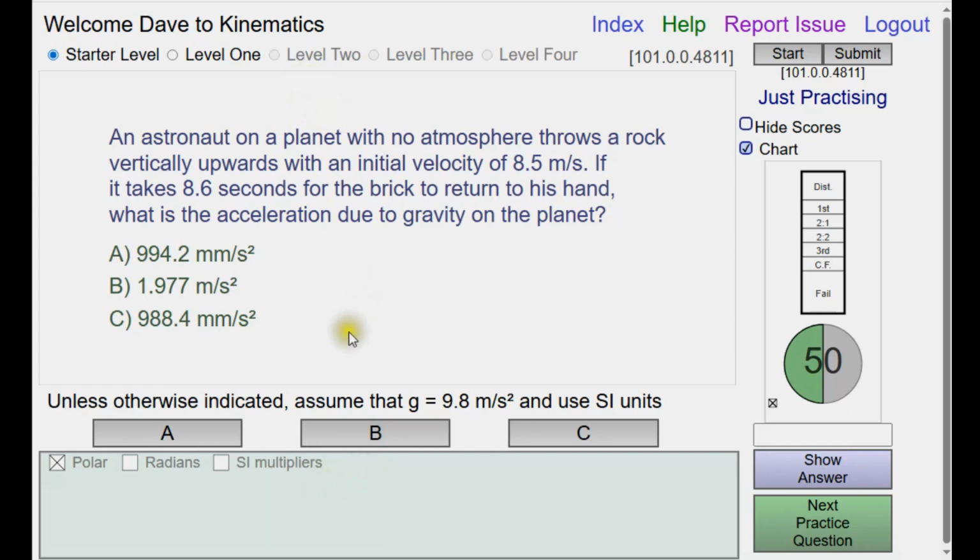So if we just consider the going up phase, then that would be 4.3 seconds. Now, going at a velocity of 8.5 meters per second, so we know the initial velocity, we know the final velocity, we know the time taken, we want to know the acceleration. So the relevant SUVAT equation is v equals u plus at.